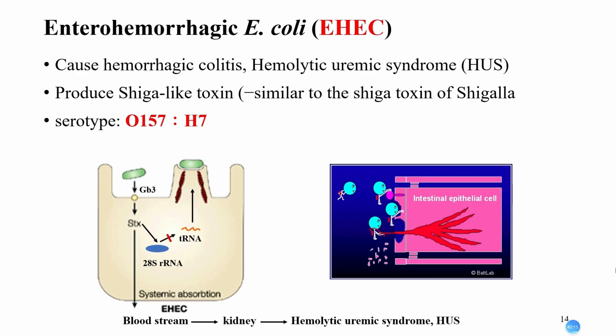It can also cause the hemolytic uremic syndrome, short for HUS. It produces a Shiga toxin.